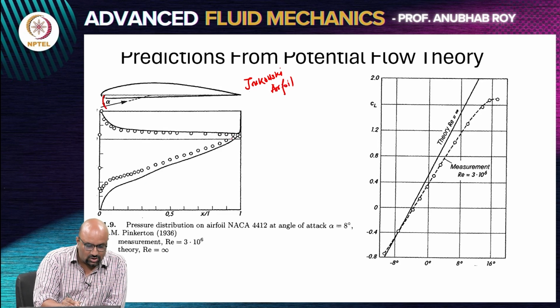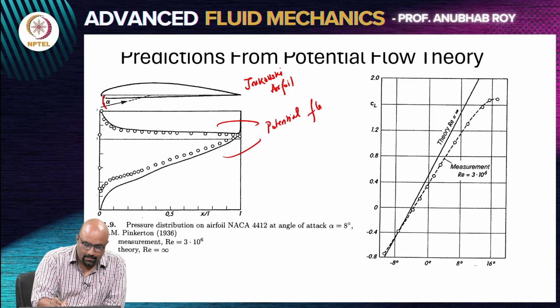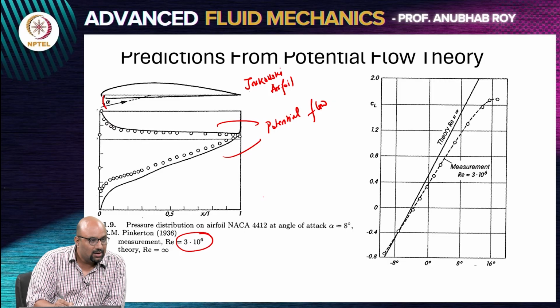So, there is a pressure distribution in the bottom, there is a pressure distribution on the top. Continuous lines are potential flow theory results. Symbols are measurements. You see again that there is a very nice match between what you get from experiments at around 3 million Reynolds number and what you get from potential flow theory.